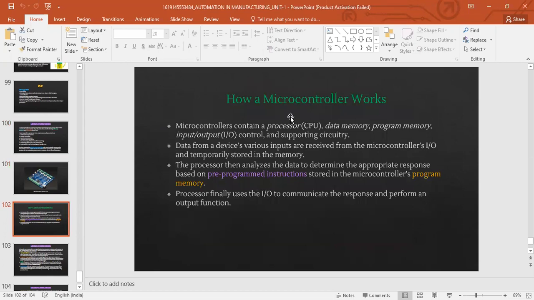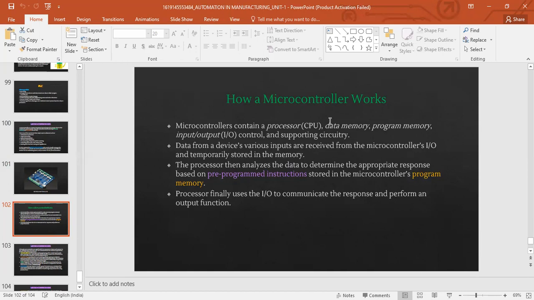As we had mentioned, you have a processor, a data memory, program memory, input output control, and supporting circuitry, as is generally there, right? Data from a device's various inputs are received from the microcontroller's input output, just as you had for PLC. Inputs are received first and temporarily stored in the memory.